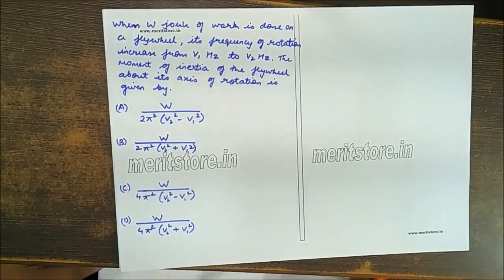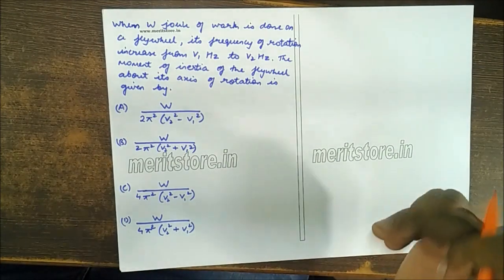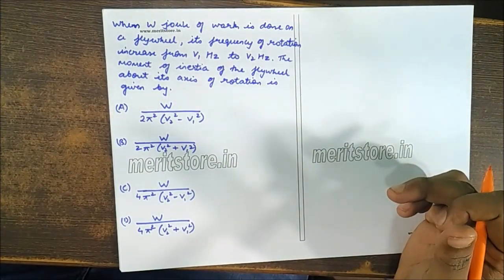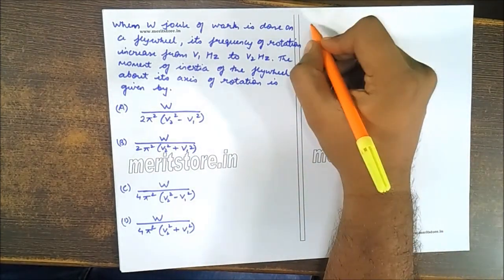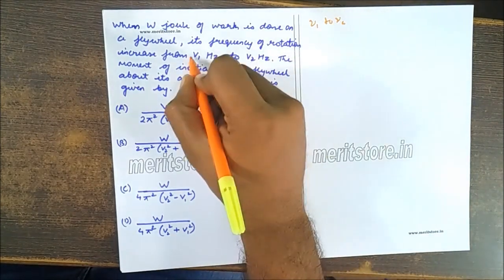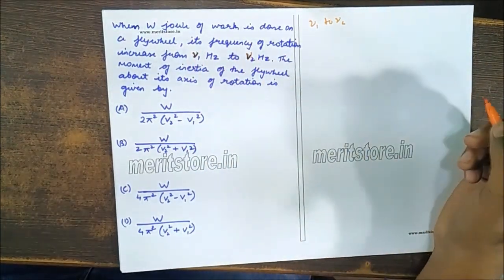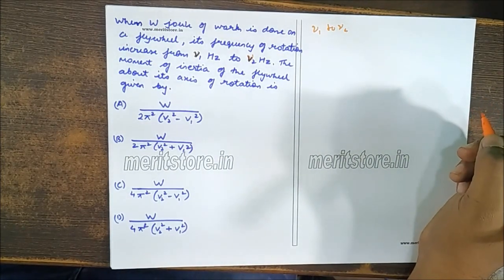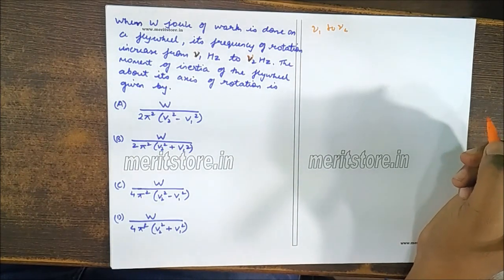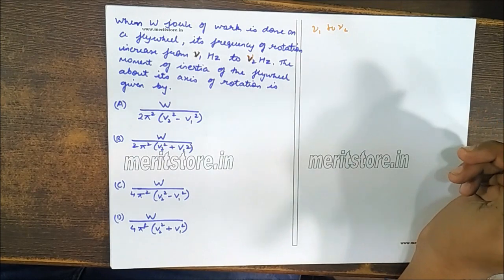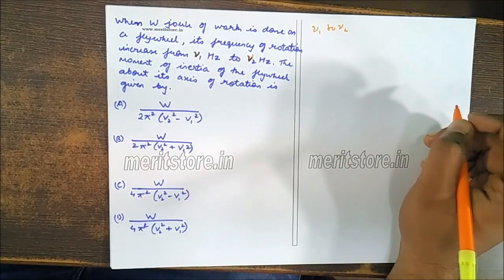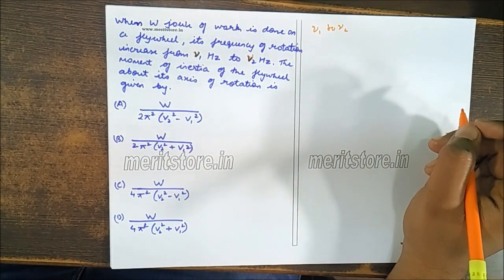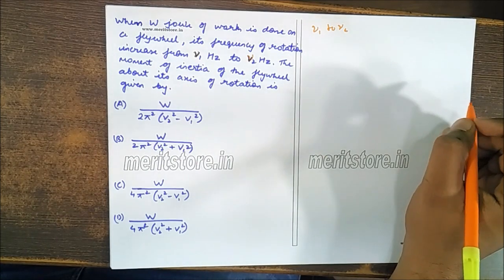So the next question. When W joule of work is done on a flywheel, its frequency of rotation increases from nu1 to nu2. The moment of inertia of the flywheel about its axis of rotation is given by. So W joule of work is done and the moment of inertia has been demanded, and frequency has been given. It's a flywheel, that means it will be a disk. But here we don't need the moment of inertia equation, we need kinetic energy.